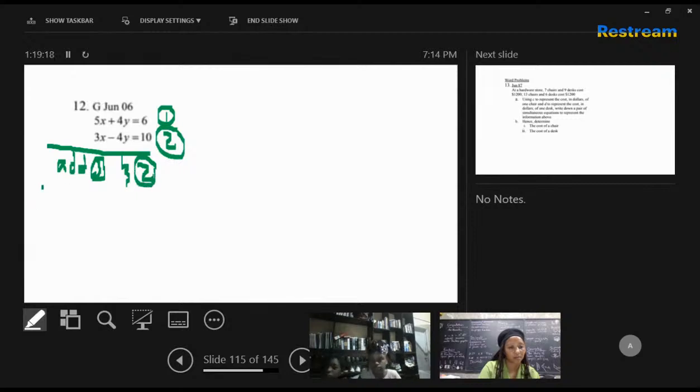It would be 8x equals 16, because the positive 4y and negative 4y cancel each other out. So we divide 16 by 8 and that would make x equal to 2.